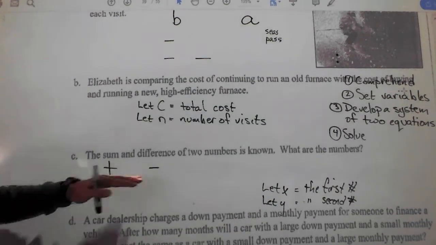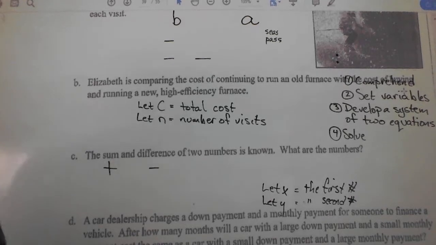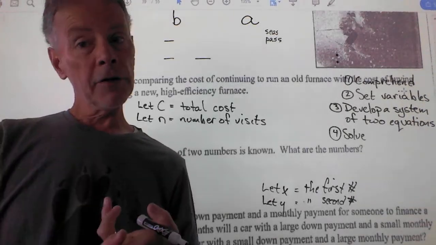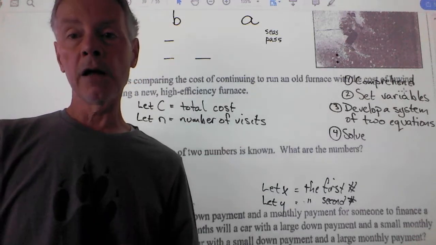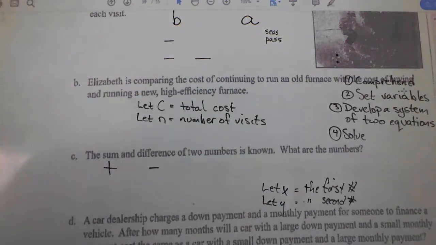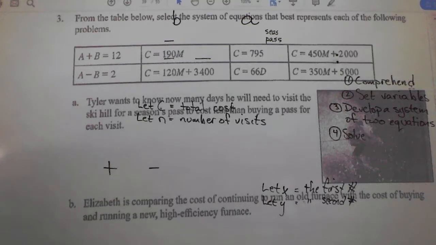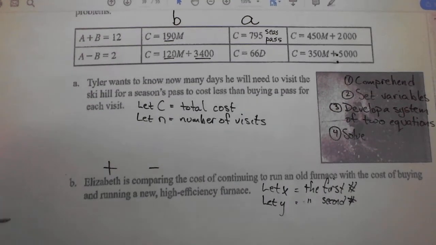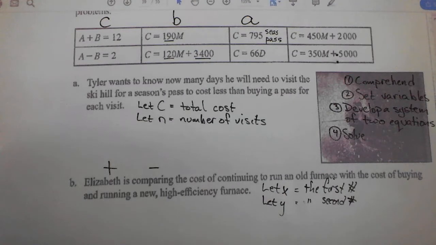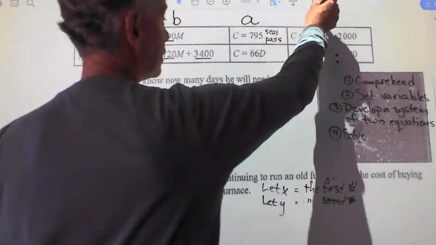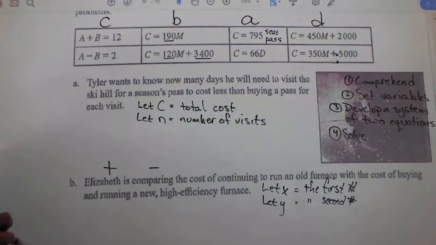So we're looking for a system of equations that has x plus y, that's the sum of the two numbers, and x minus y, that would be the difference. And as you can see, we have that right here. And process of elimination means D must be this one.